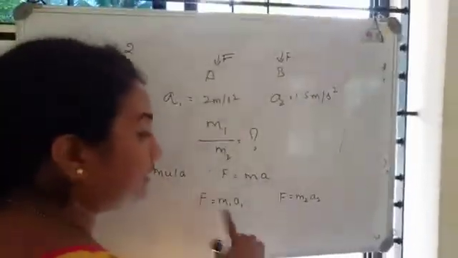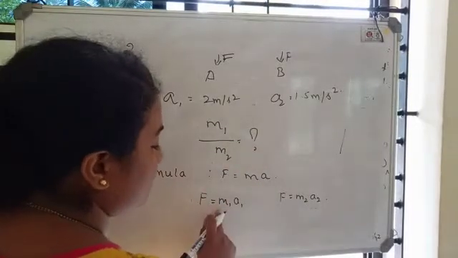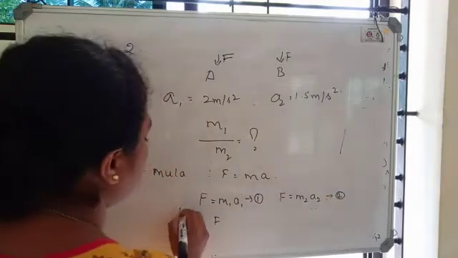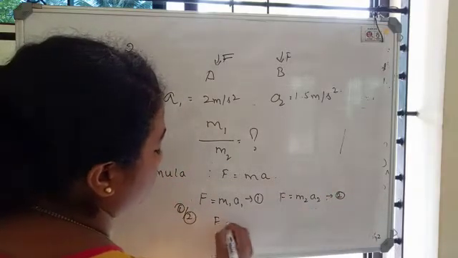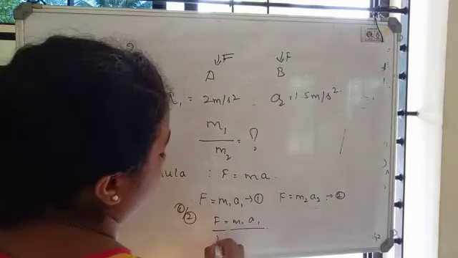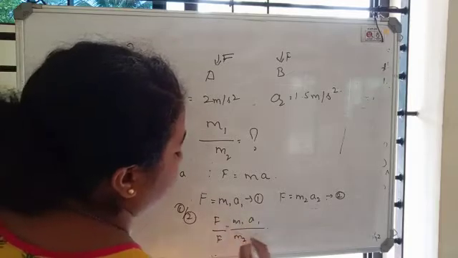Now you have to take the ratios. You want to find out the ratio of their masses. So let us do this. If I consider this as equation 1 and this as equation 2, do equation 1 divided by equation 2. That is F is equal to m1 a1 divided by F is equal to m2 a2. Together you can write it like this.